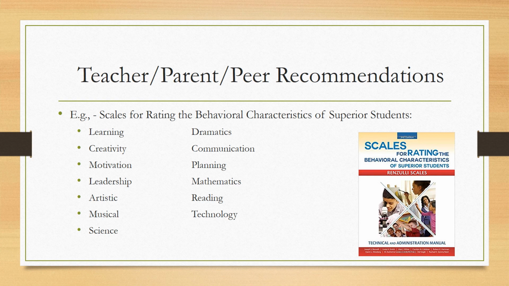And it allows teachers or parents or peers to nominate students for a gifted program based on their attributes in all of these areas: learning, creativity, motivation, leadership, artistic ability, musical, science, dramatics, communication, planning, math, reading, and technology. Note the inclusion of many different types of scales other than what you might just traditionally find in a school: reading, math, science, social studies.